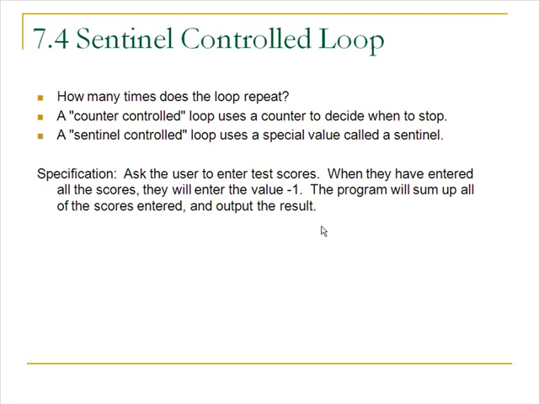In this case, you would be writing a loop where you don't really know how many times it's going to repeat. So a sentinel controlled loop might be looking for a particular value as the condition for when the loop will stop. This is different from a counter-controlled loop, which uses a counter variable to decide when to stop.